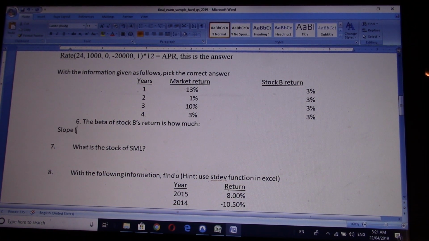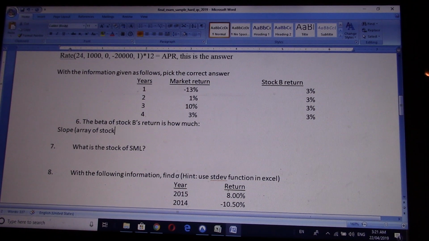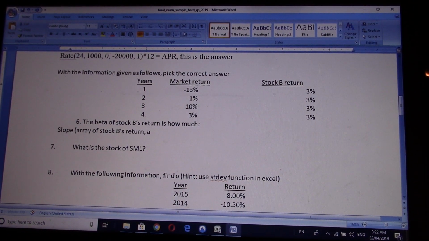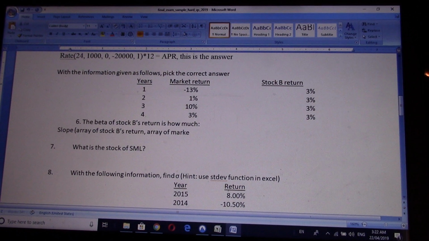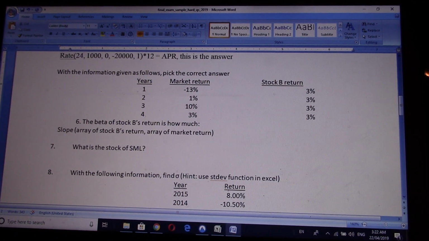The syntax is slope, array of, I think it's Y first, stock B's return, then array of market return. I won't show you how to do that, but if you watch the video, you should see examples I did in class.